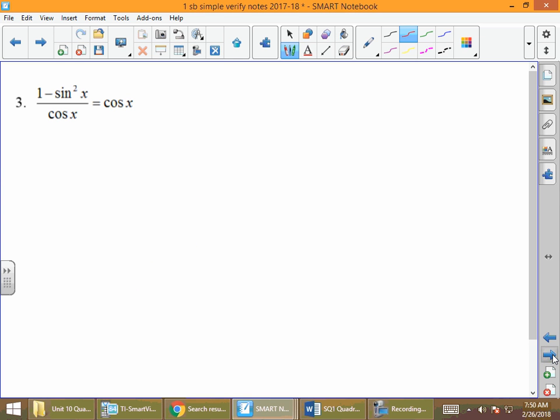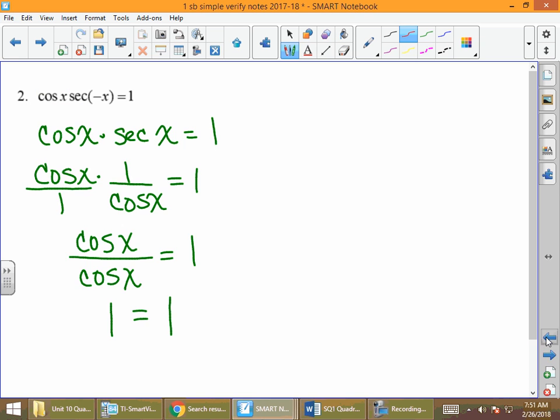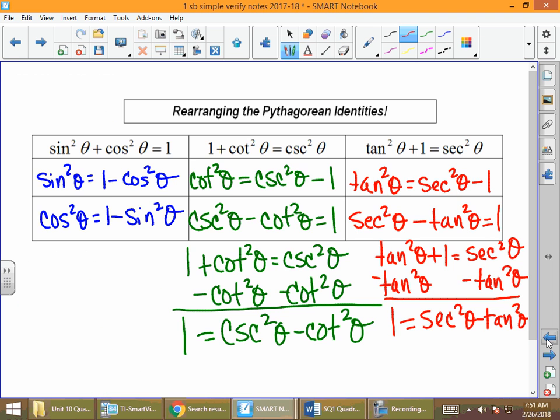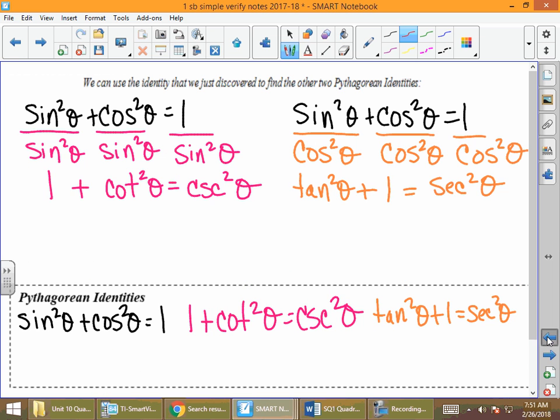Looking at these, we want to use our algebra skills. We want to use our Pythagorean identities. We've had to use our reciprocal identities. We even had to use an even-odd identity. In this particular case, we're going to have to use our Pythagorean identity. As I flip back here for a moment, I went too far.